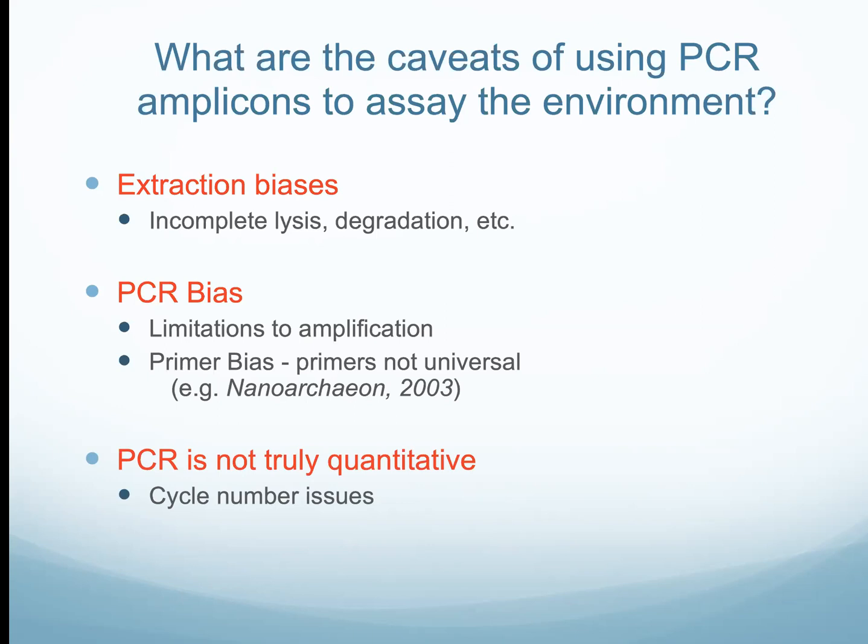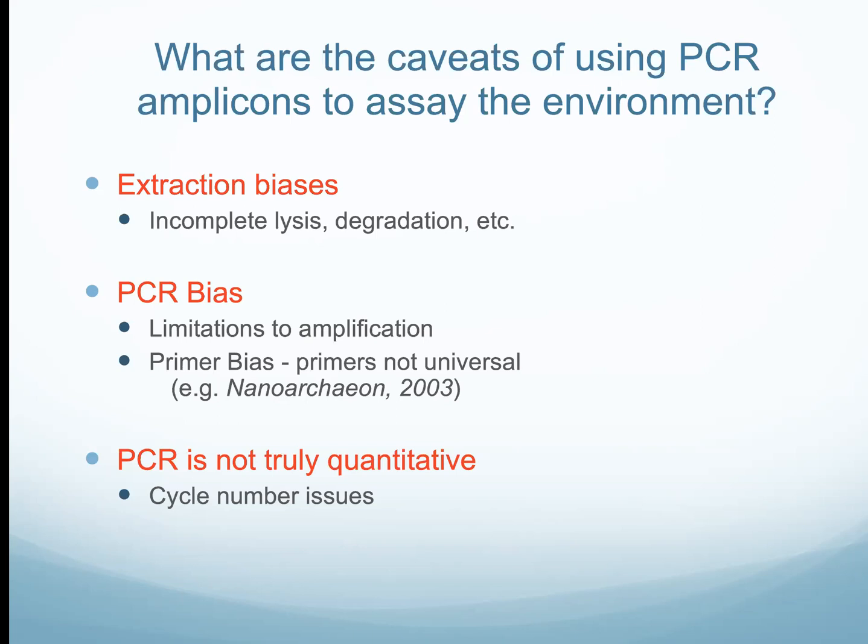Because PCR is an amplification that occurs, but you don't know how many cells you start with. You don't know how many 16S gene copies they have, and that can vary from one organism to another, by the way. And the number of cycles that you use actually matters in terms of getting the genes to amplify.